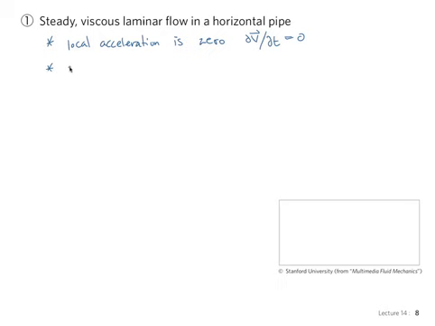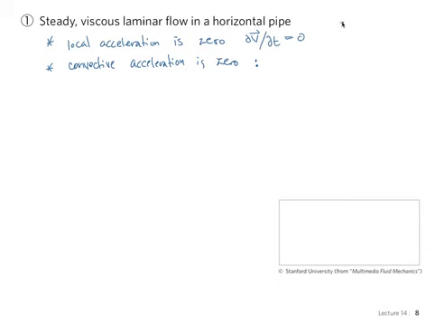And so the convective acceleration is 0, because the velocity profiles do not change along the pipe. We're just looking at flow inside the pipe, and we're steady. The velocity profiles are exactly the same.